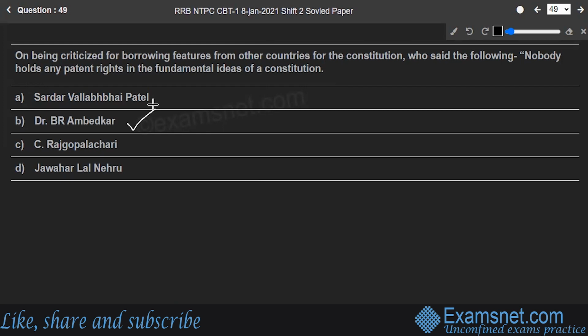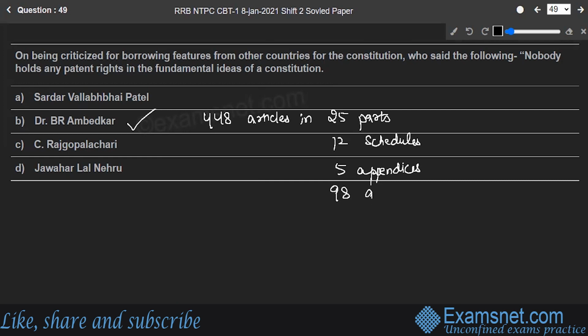Dr. B.R. Ambedkar rightly said that it was created after ransacking the known constitutions across the world. With 448 articles in 25 parts, 12 schedules, 5 appendices, and 98 amendments.